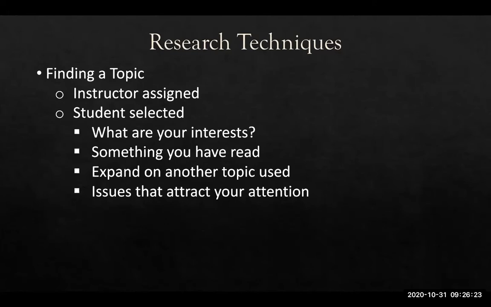I wrote a paper one time on Jimmy Lee Jackson, a particular individual that was involved in the civil rights movement and was killed. So you want to narrow it down enough that you can actually write a good paper on it, and that's not too broad and too general.